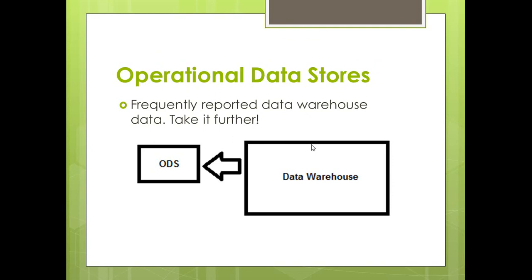You have operational data stores. Since the data warehouse is often quite big, and slow to process the information within it and read through all the information within it, they make a smaller version of the data warehouse that only contains information for a certain time period.